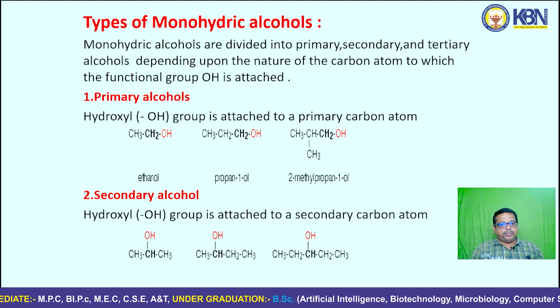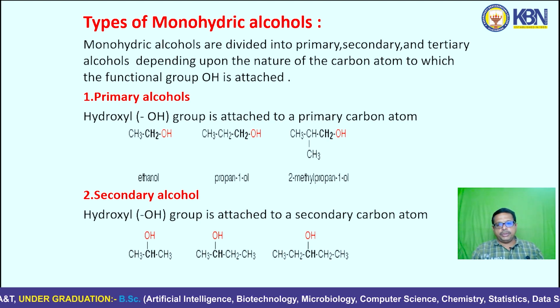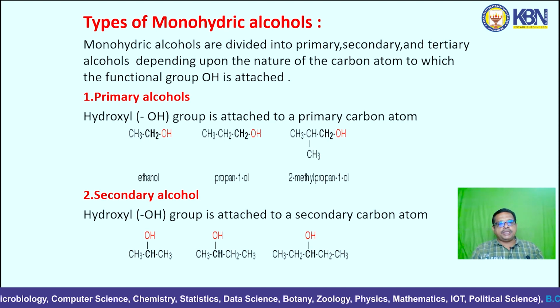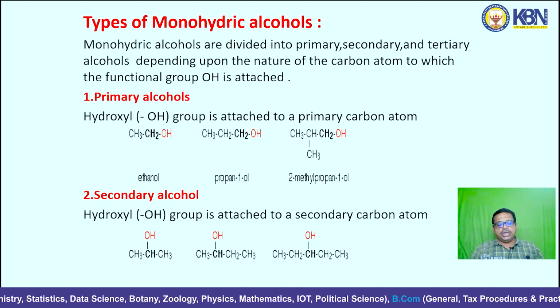So the first one is primary alcohol. The hydroxyl group, that means the OH group, is attached to the primary carbon atom. In the given examples, say for example ethanol, the hydroxyl group OH is directly attached to the primary carbon atom.